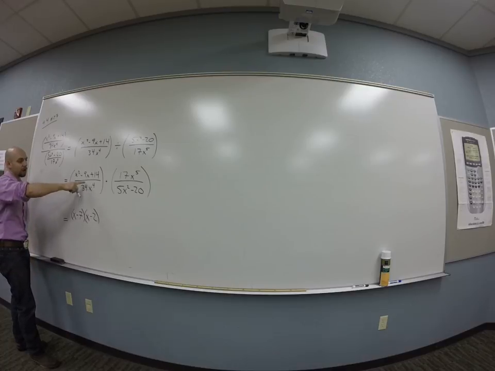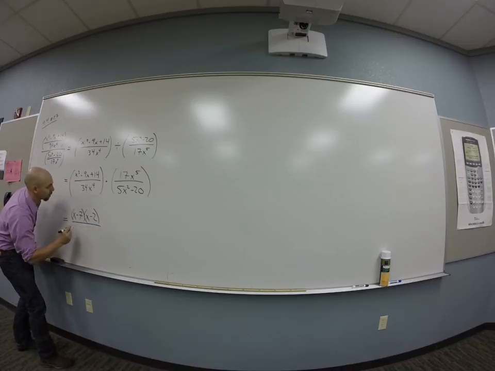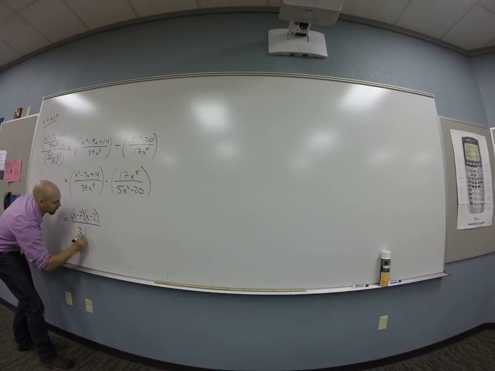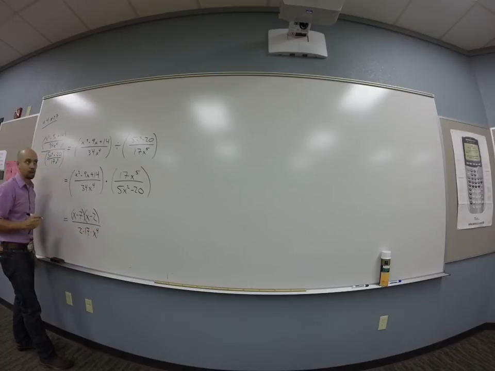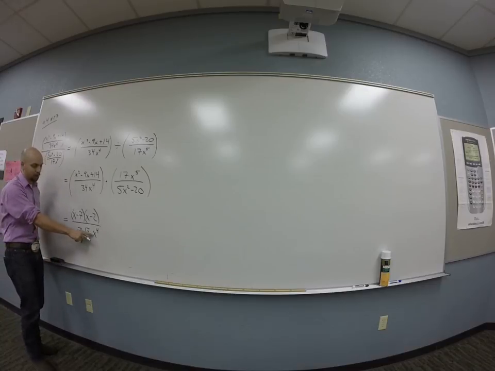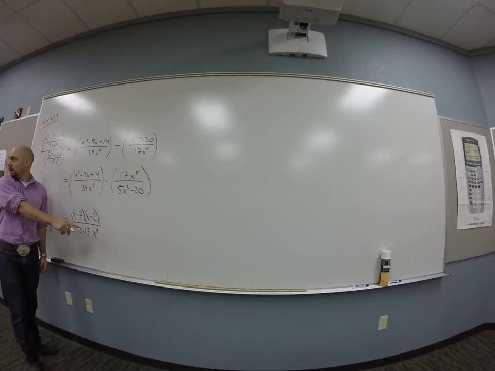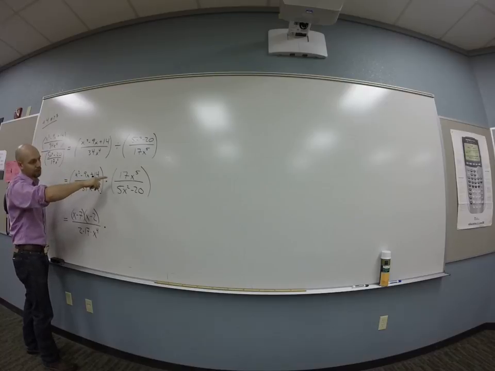Yes? 17. Yeah, we can say, okay, 34 is 2 times 17, right? So on the bottom here, I can write 2 times 17 times x to the 4th. So we could write 4 x's here, right? In the top, let's see, what do I get?